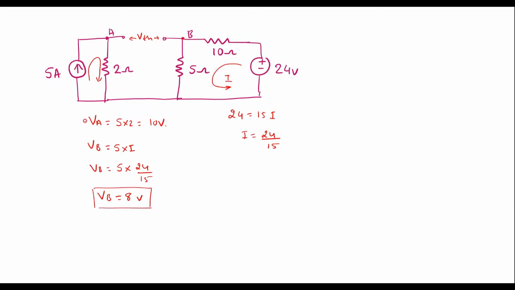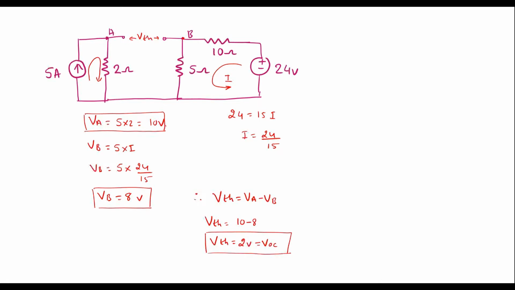So this is VB, this is VA. So therefore VTH will be equal to VA minus VB, that is VTH is equal to 10 minus 8, that is VTH is equal to 2 volt, or VTH is also known as open circuit voltage, VOC.